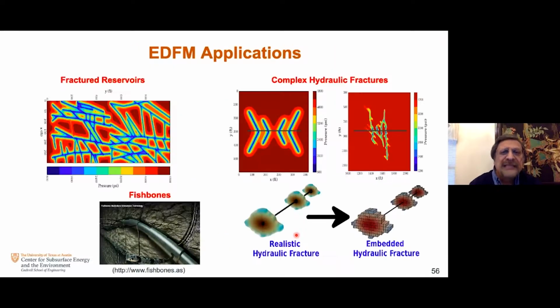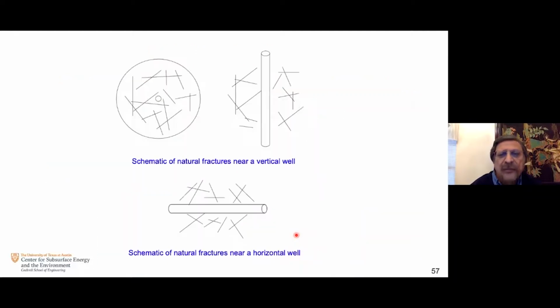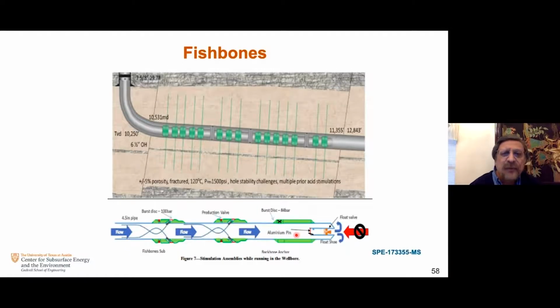Okay, we have used these for various types of reservoirs, for unconventional, and for some of the technology that is lately used called fishbone. We've done modeling in that. We've also done modeling for acidizing when you have fractures around the wellbore: we put these existing fractures around the wellbore, do the acidizing, and see how the acid moves through them.